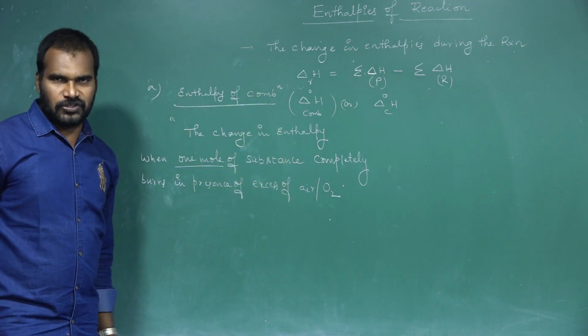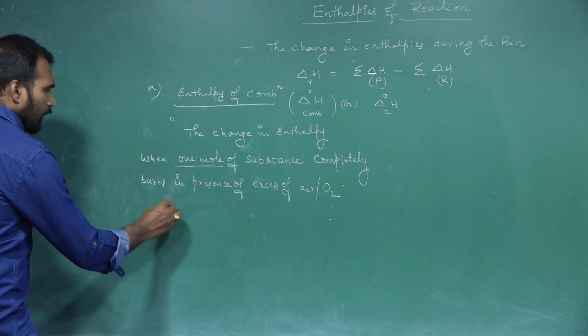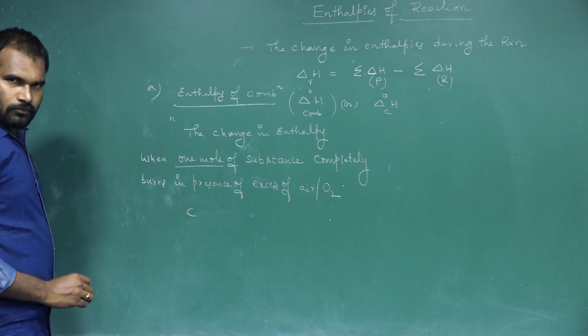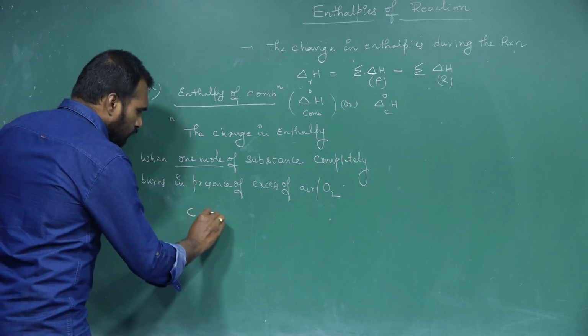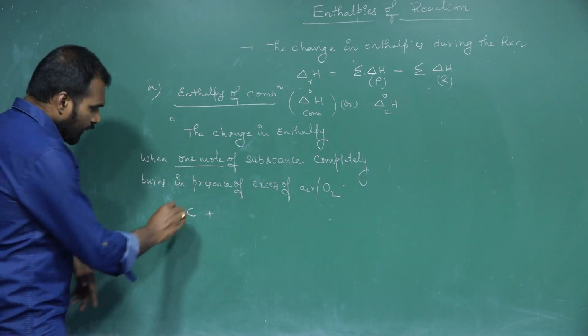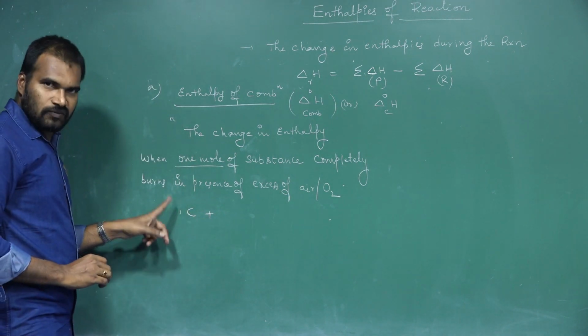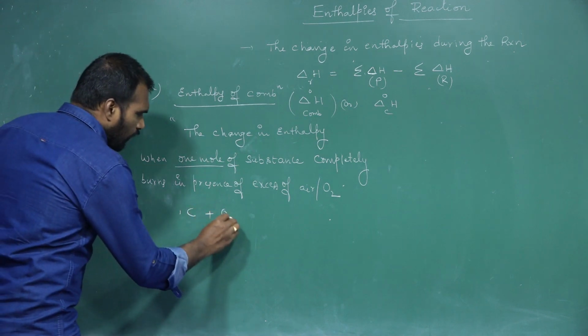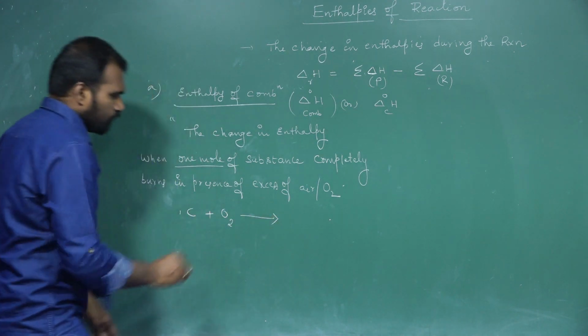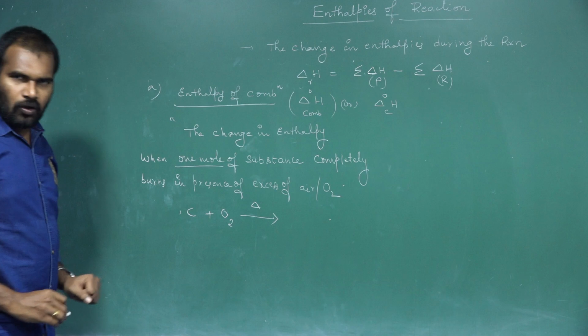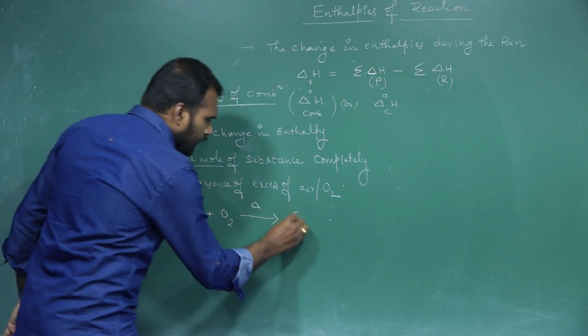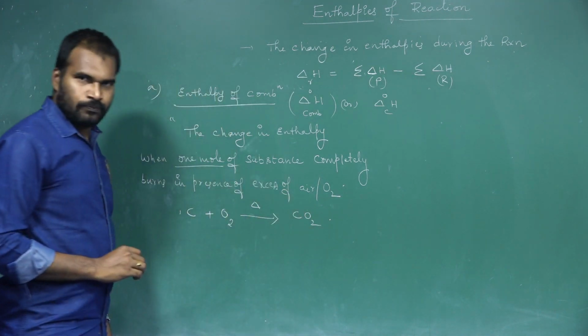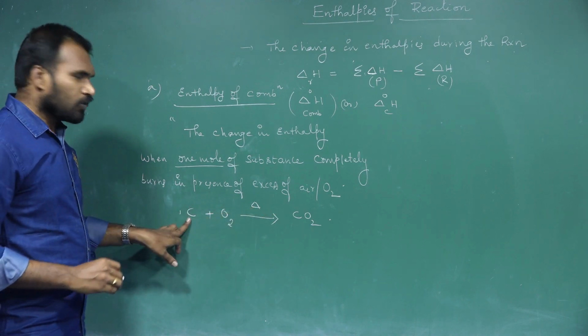Enthalpy of combustion. For example, here I am taking carbon. See here, how many moles of carbon I have taken? Coefficient is 1, so that means 1 mole. When 1 mole of carbon on combustion, heating in presence of oxygen, the carbon is converting into what? Carbon dioxide. Here how many moles are in combustion? 1 mole.